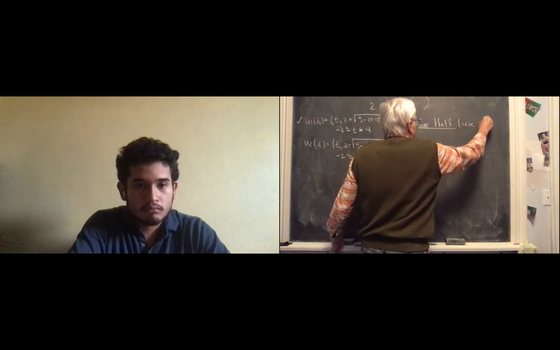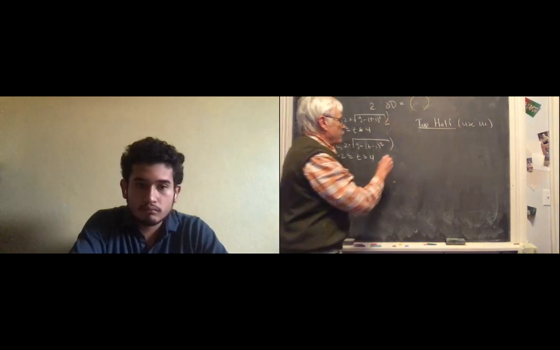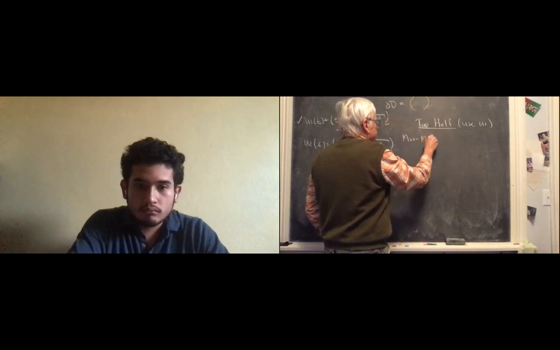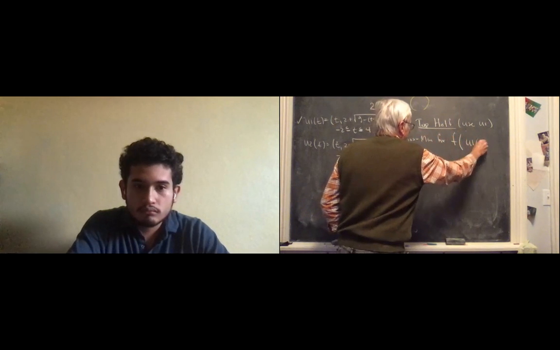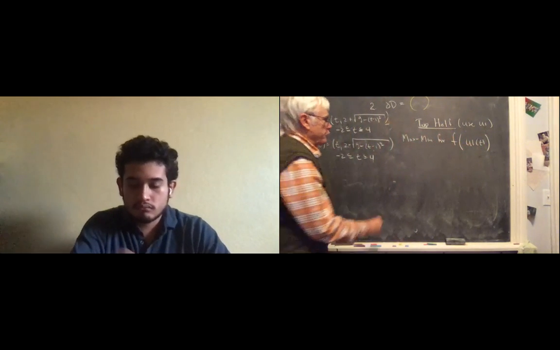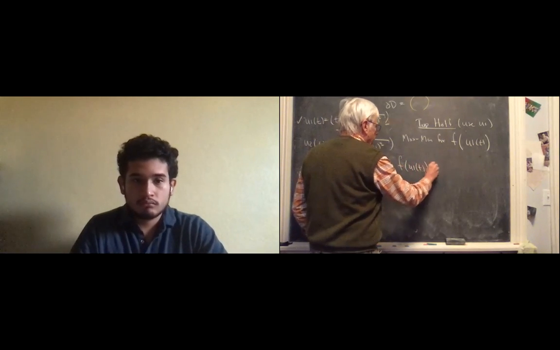We'll use the function u1 that describes that semicircle. And what we want to do is find the max and min for f on u1 of t. So we want to compute this function, f of u1 of t.